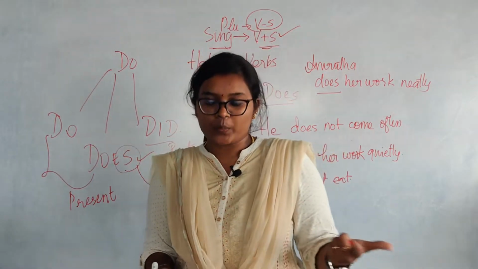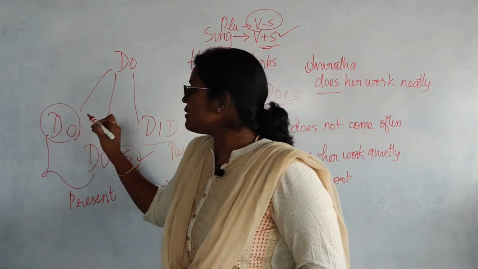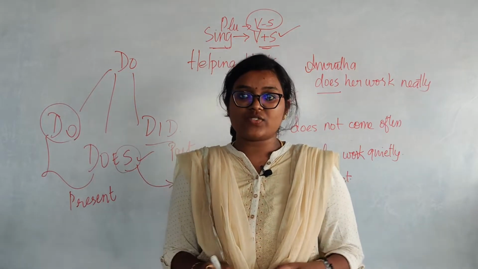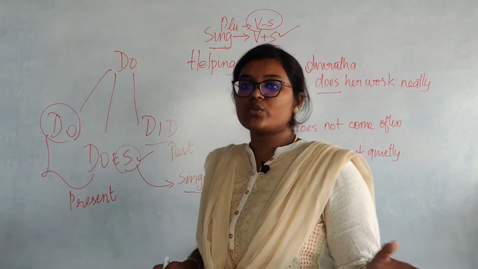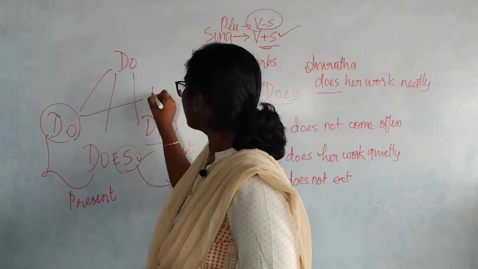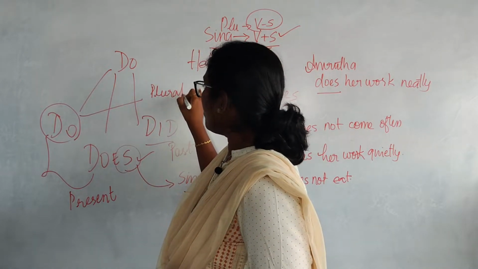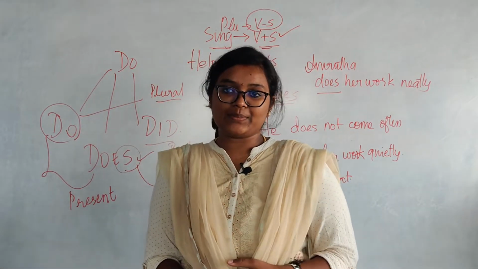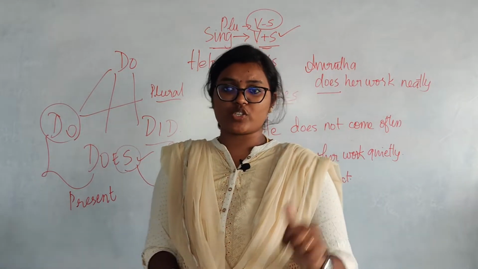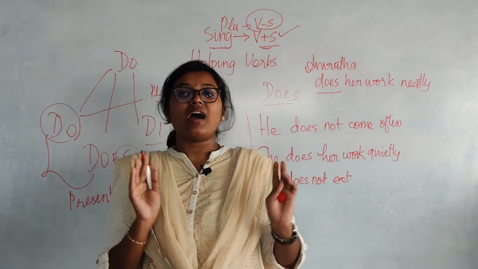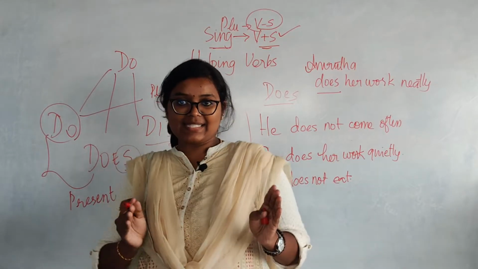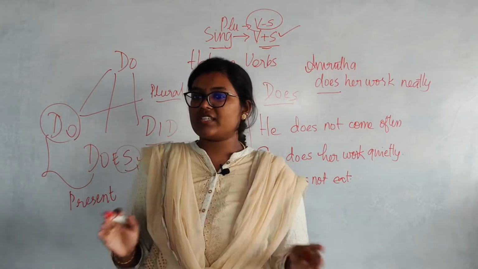Now moving on to do. Do is a verb that does not contain the s. So like I told you at the beginning, we will use it for plurals. All plural forms will have do as the verb. Additionally, there's an exception. I does not take does. "I does my work" is not right.